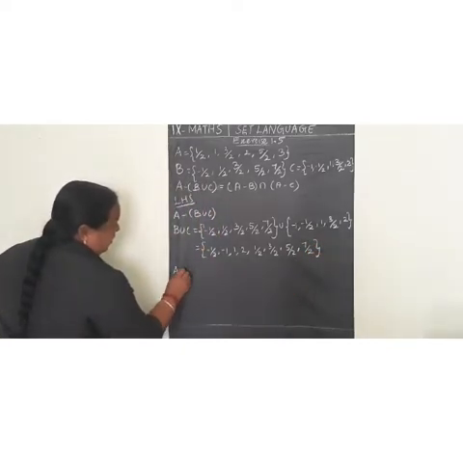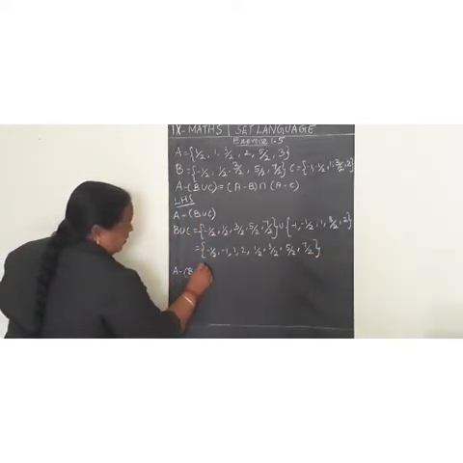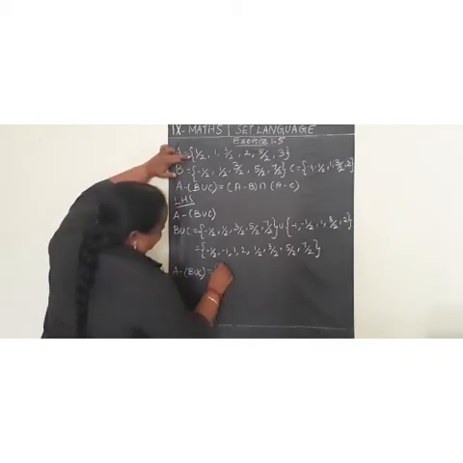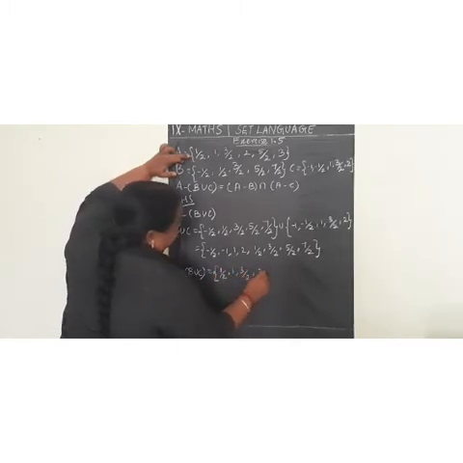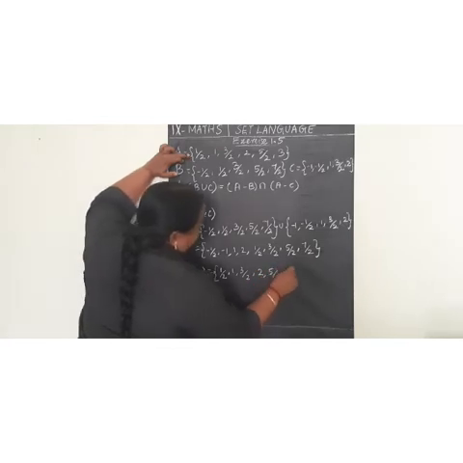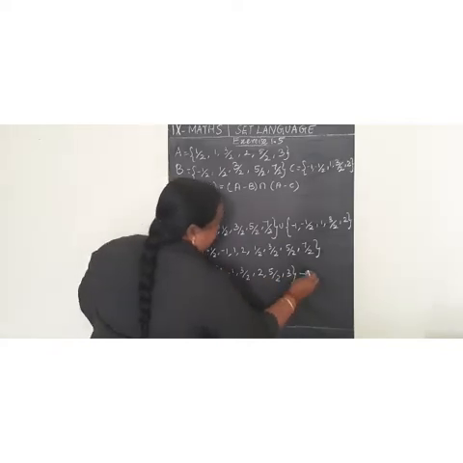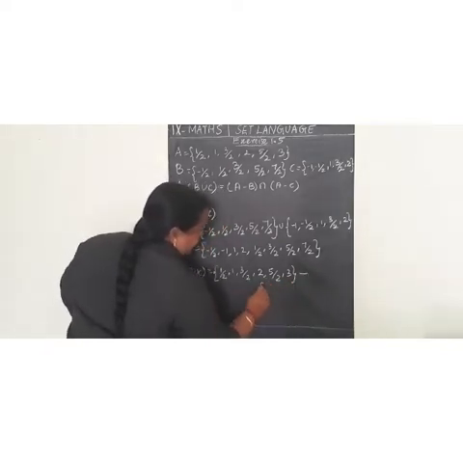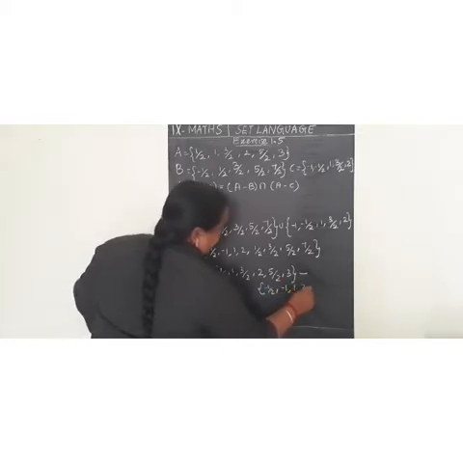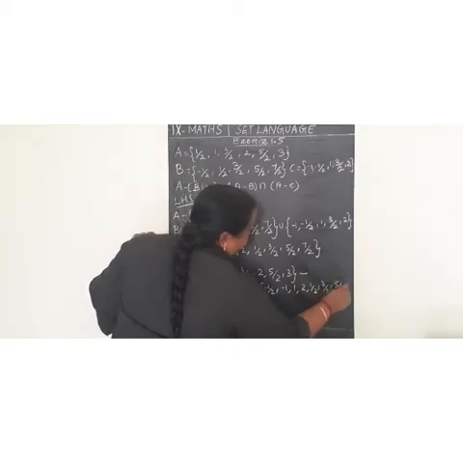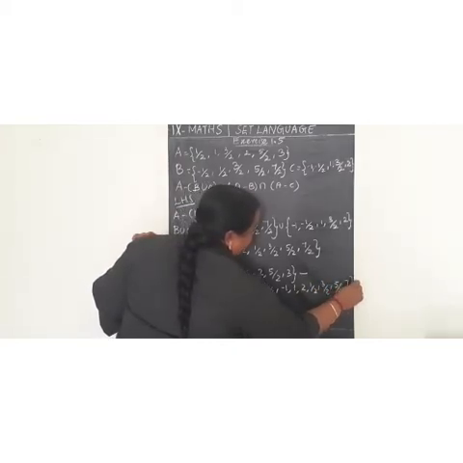Next we have to find A minus (B union C). First we have to write the set A: 1/2, 1, 3/2, 2, 5/2, 3, minus B union C, which is minus 1, minus 1/2, 1, 3/2, 2, 5/2, 7/2.